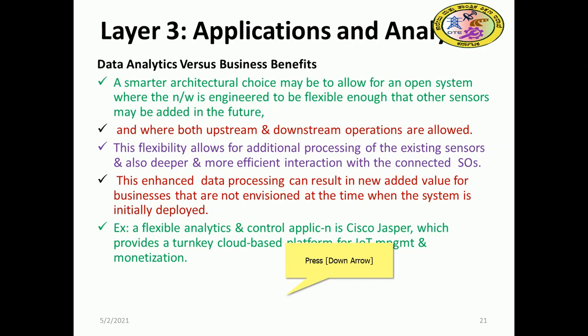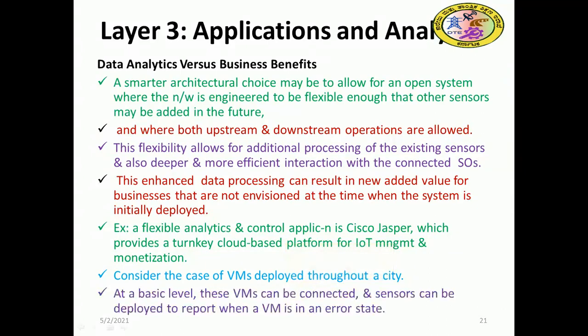An example of flexible analytics and control applications is Cisco Jasper, which provides a turnkey cloud-based platform for IoT management and monetization. Consider the case of vending machines, chocolate vending machines, coffee vending machines, and ATM machines deployed throughout the city.